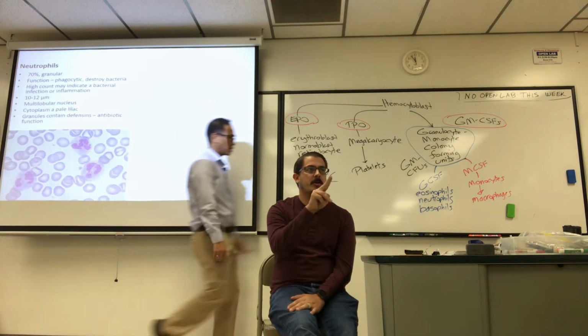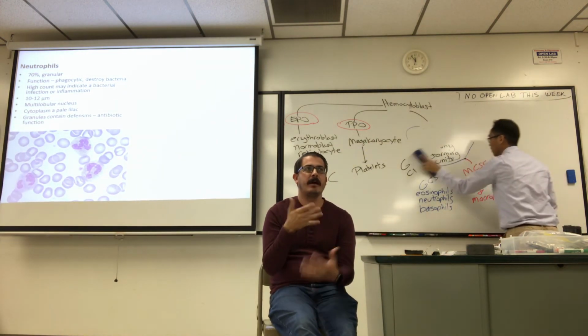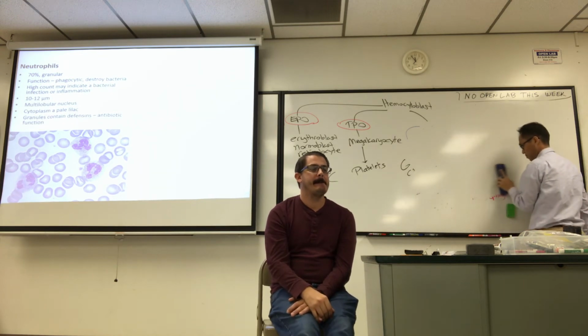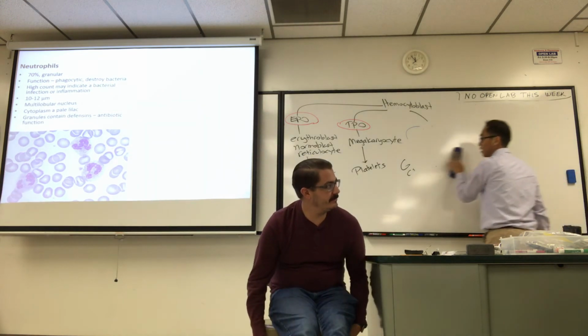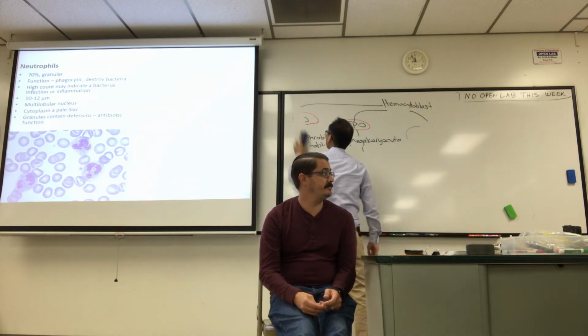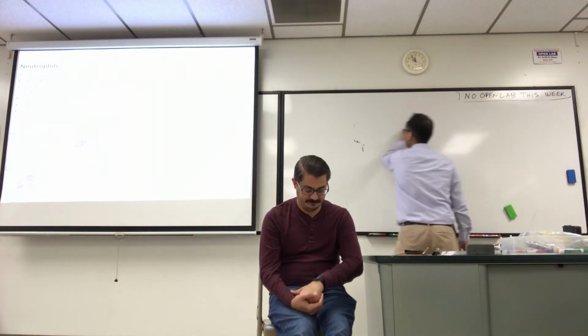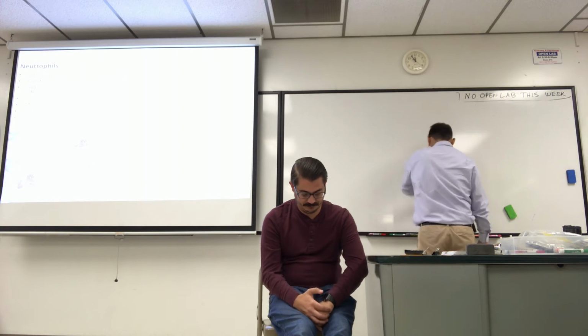Neutrophils. How would you describe this color? I said purple, light, pale lilac. I'm copying it from a book.